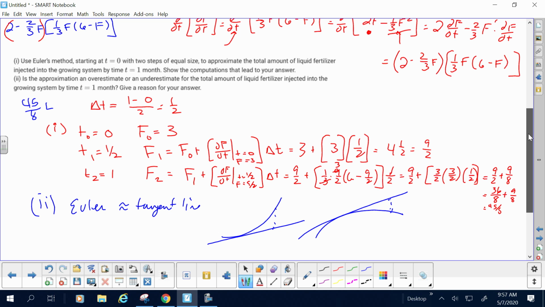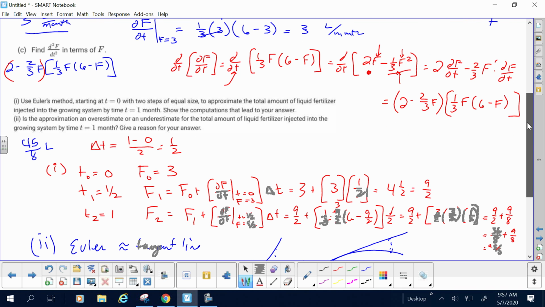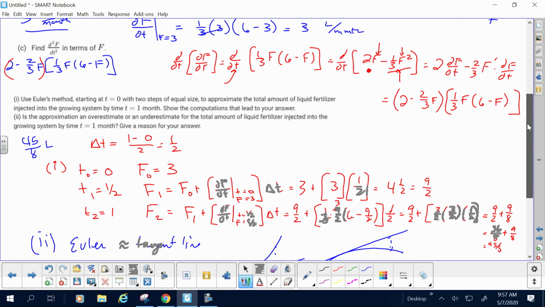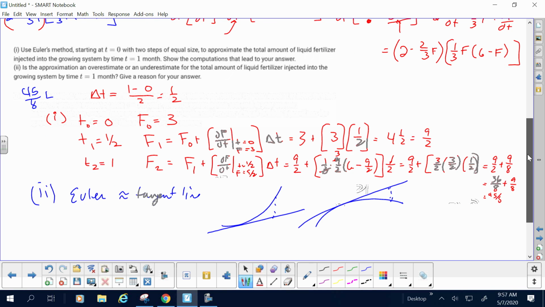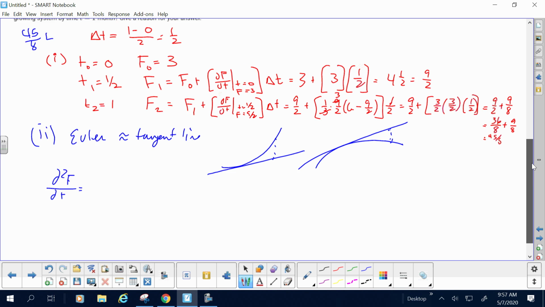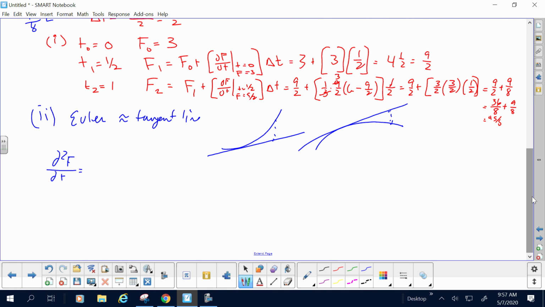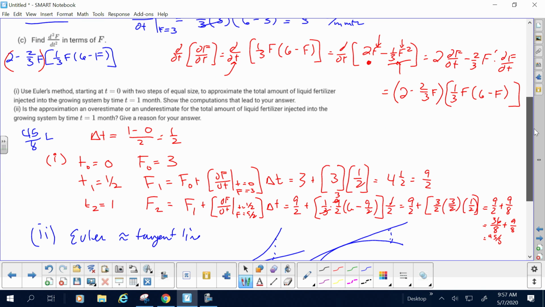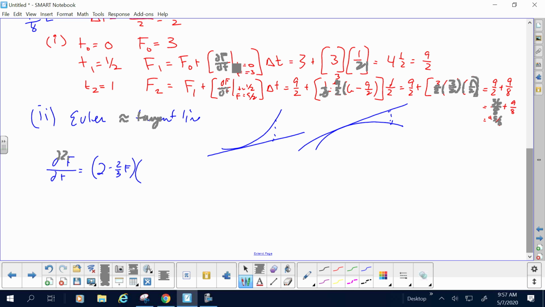So the second derivative, which is 2 minus 2/3, I don't know if I'm going to need to clean this up, times 1/3 f times 6 minus f.